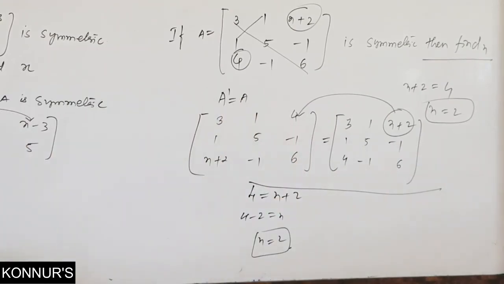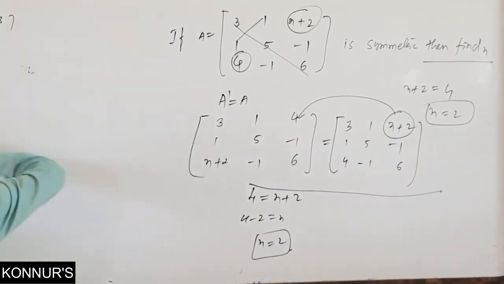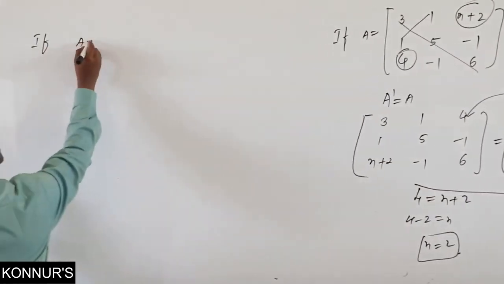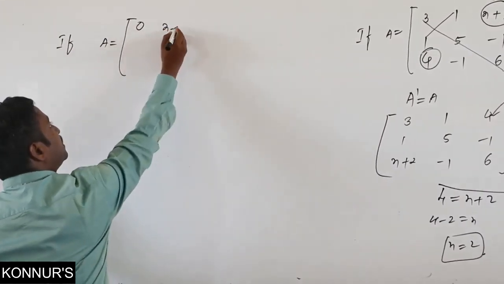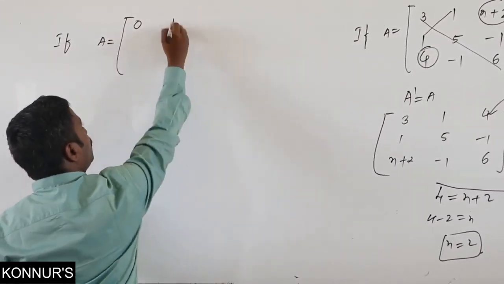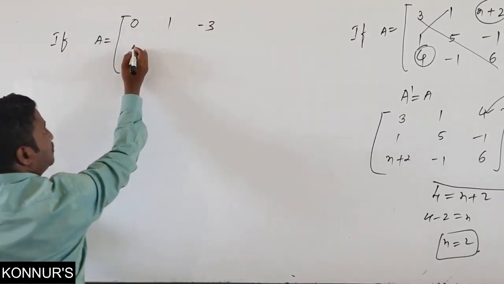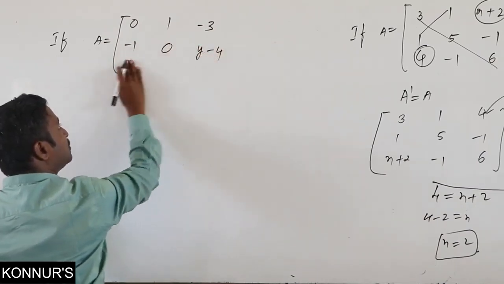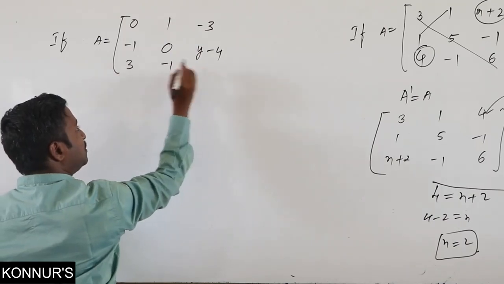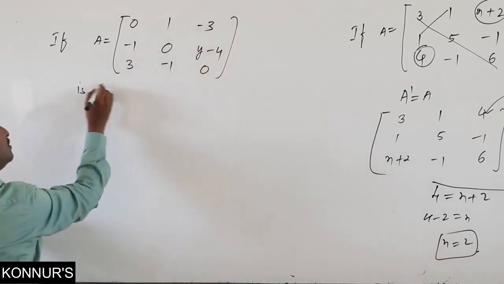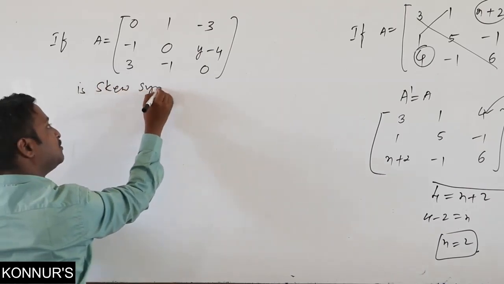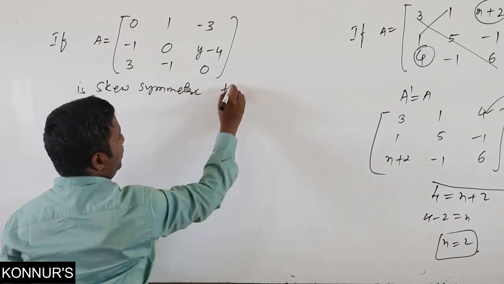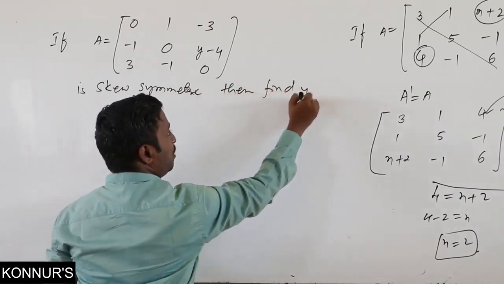Similarly, I will solve a question related to skew symmetric. If A is equal to 0, x minus 2, 0, 1, minus 3, minus 1, 0, y minus 4, 3, minus 1, 0 is skew symmetric, find y.